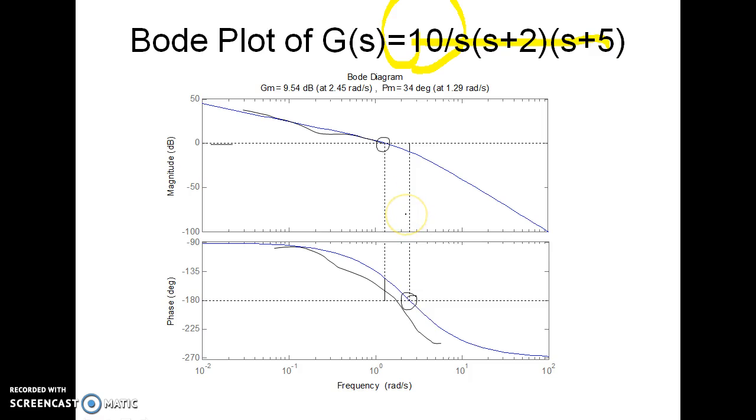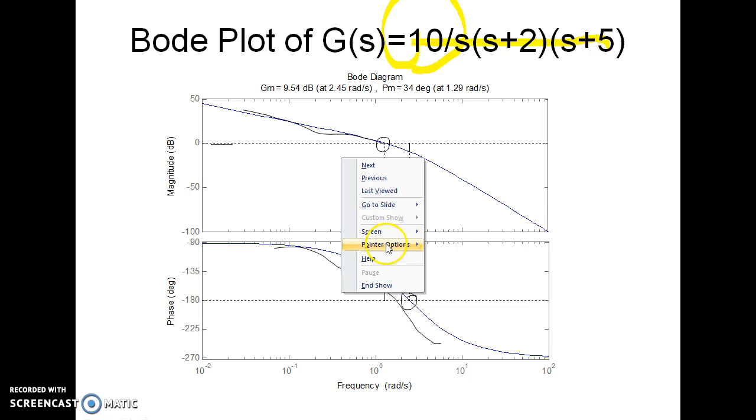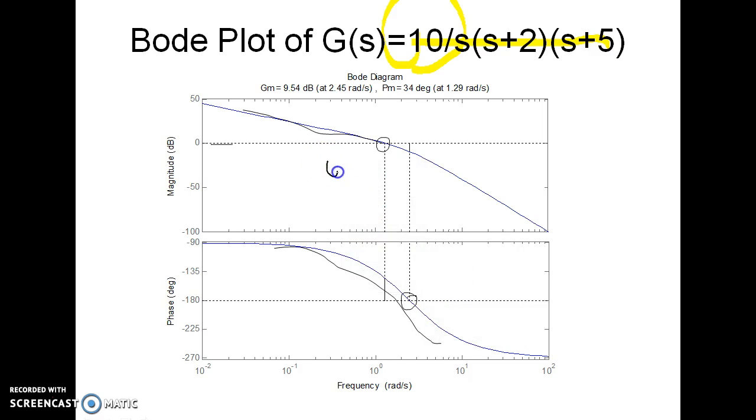So this is known as, let us write down, GCF, and here this is PCF.